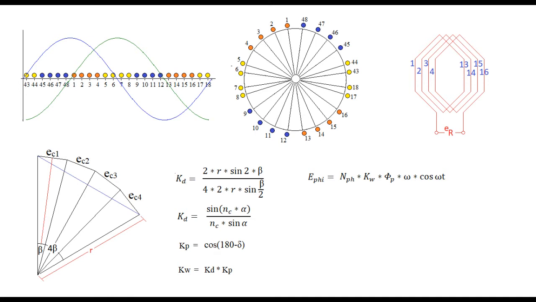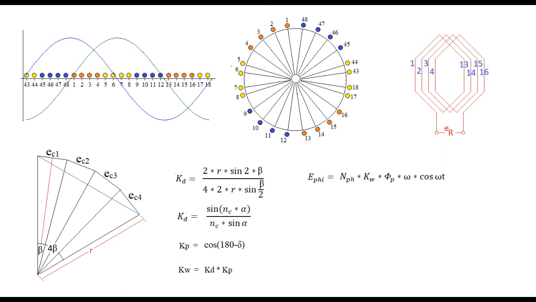When conductor of coil moves in magnetic field, EMF is induced in these conductors. The EMFs induced in such a way are phasors and away from each other by some electrical angle. If we consider two conductors of full pitch coil, then EMFs induced in them are 180 degrees out of phase.